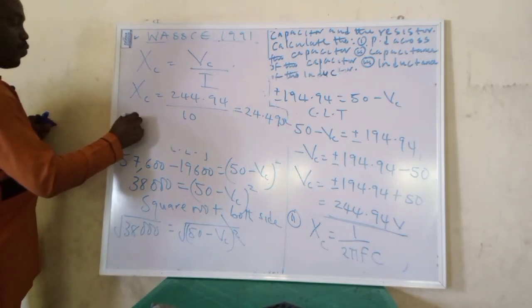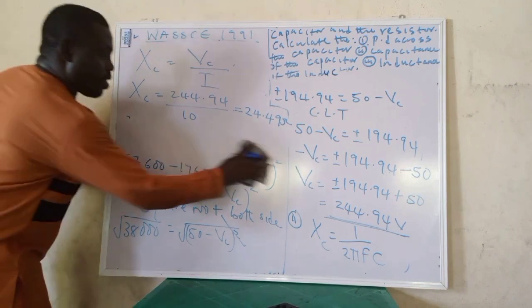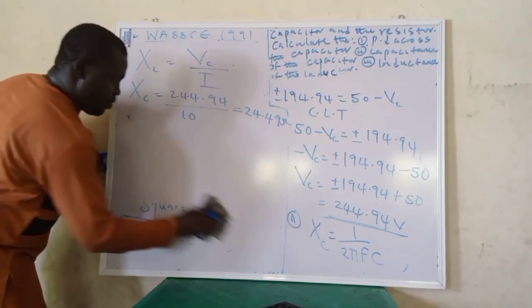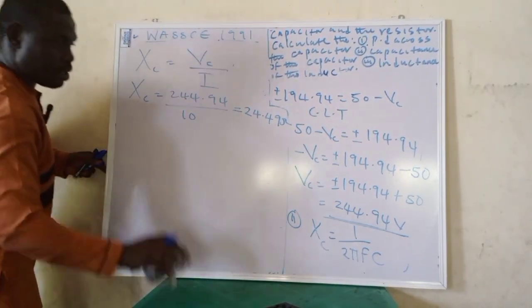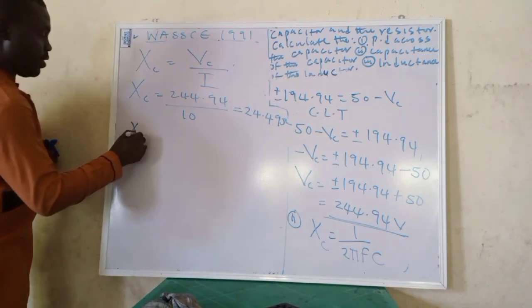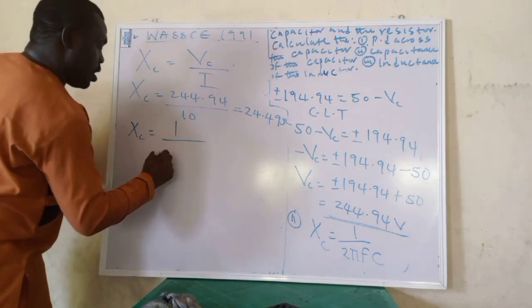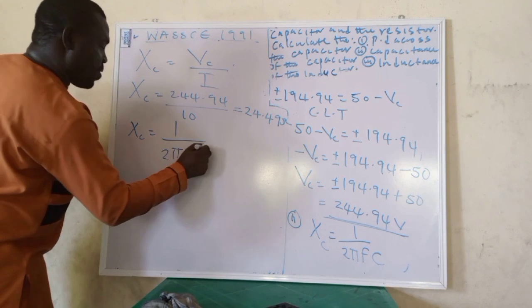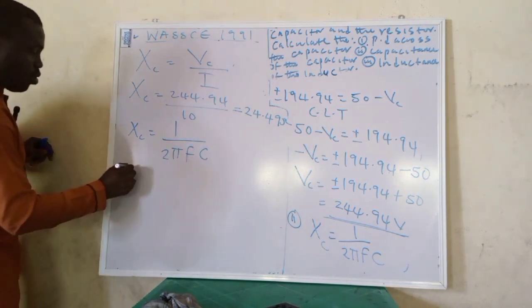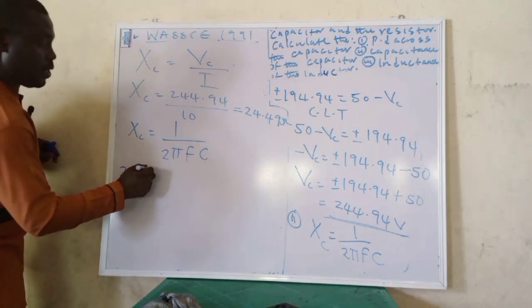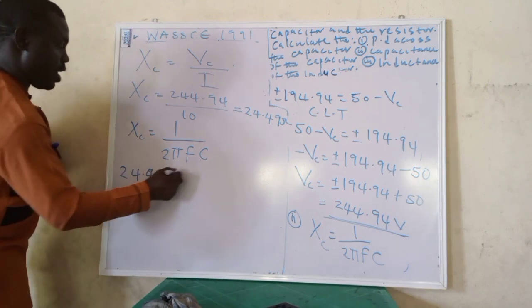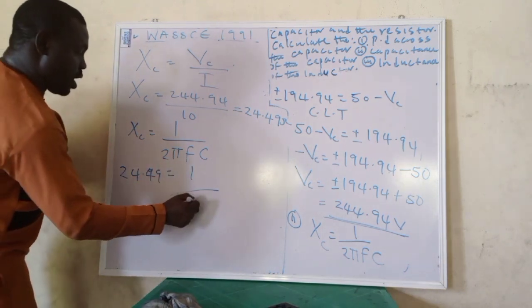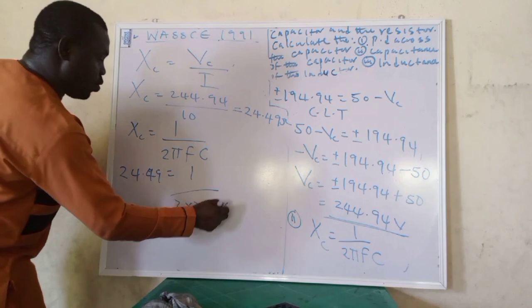Okay, let's make our friends understand what we are doing. So XC now, which is a formula, is 1 over 2 pi FC. So we have 24.491 over 2 times 3.142.